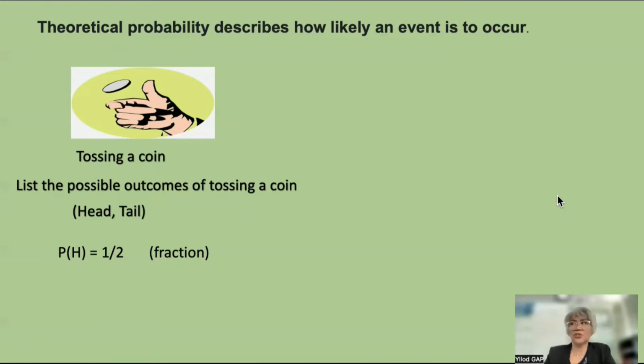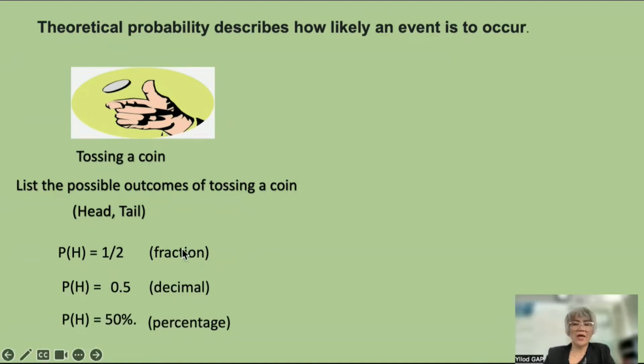That is in fraction. We can write it too in another format, and that is in decimal. And yet another one you have in percentage. So it means to say that a probability can be expressed in fraction, in decimal, or percentage.